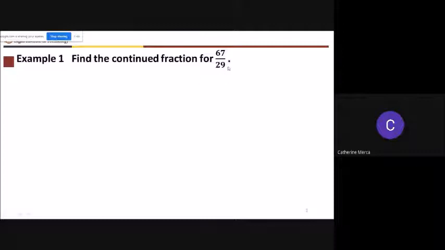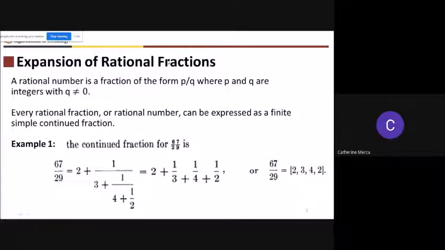Now, how is this solved? Take a look at the following. We have 67 over 29. You're asked to find the continued fraction. If you take a look earlier, this is the result. You can either rewrite it as square brackets 2, 3, 4, 2, or you can rewrite it in this manner.